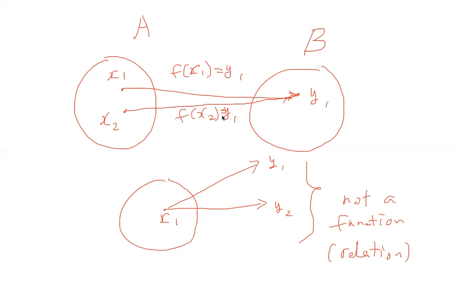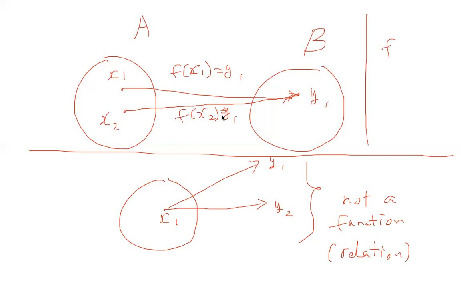Relation contains more. So for a function, we always have a single output for each x.